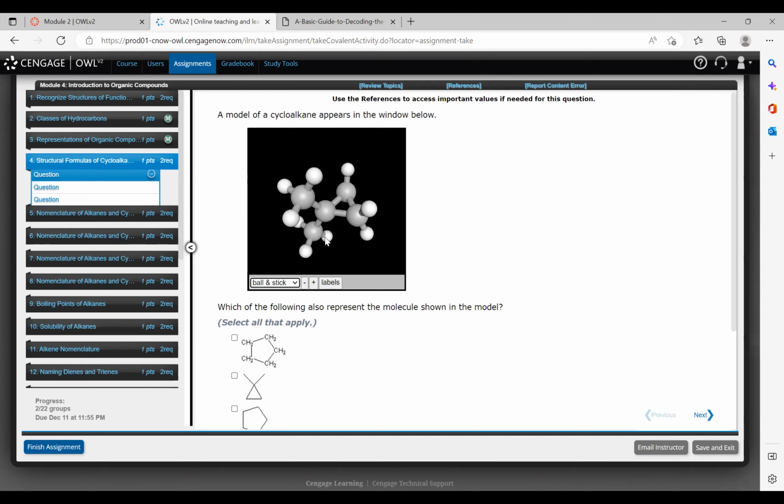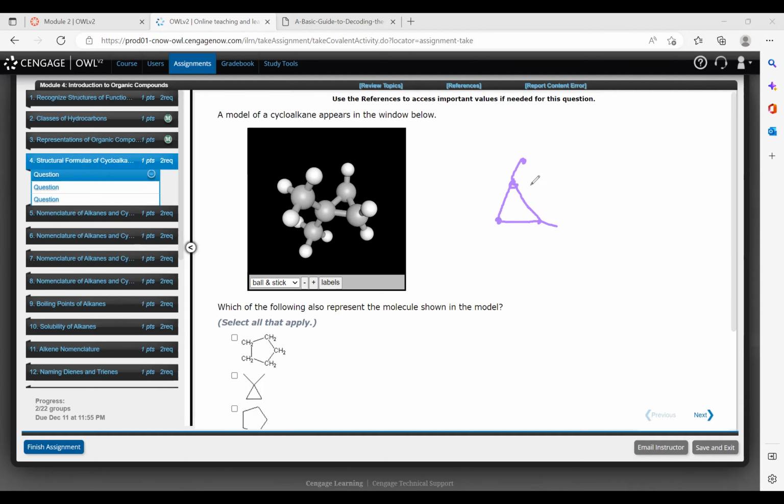And what we're going to see is we have sort of a ring-like structure in a triangle. And then there are carbons coming off of it. Now, what this is showing you is that at each one of these points, there's a carbon.